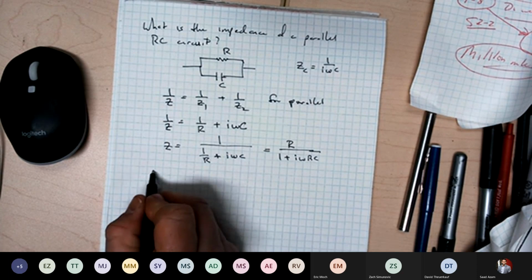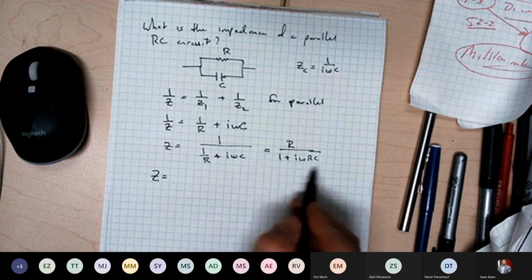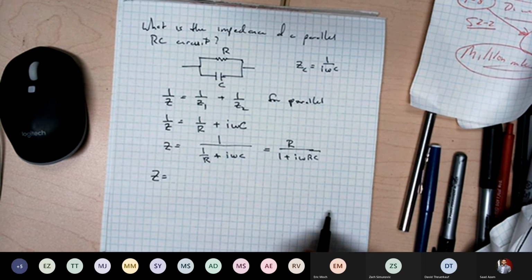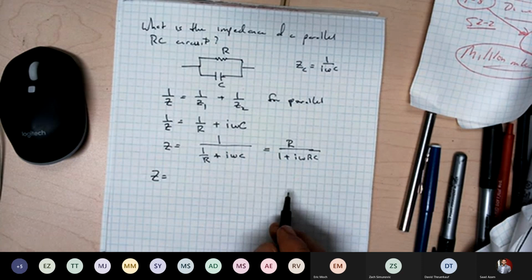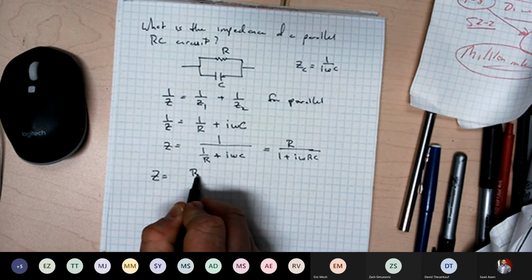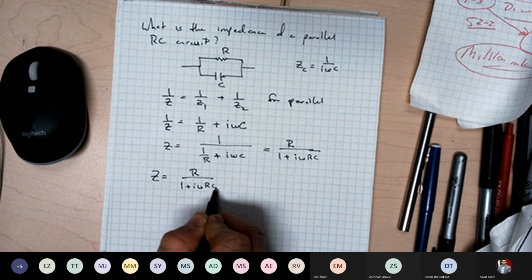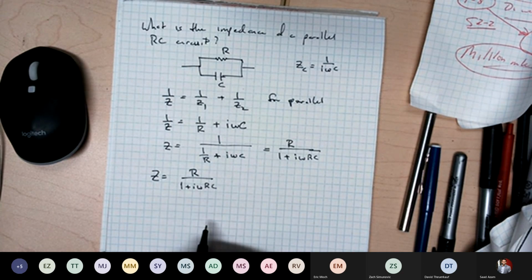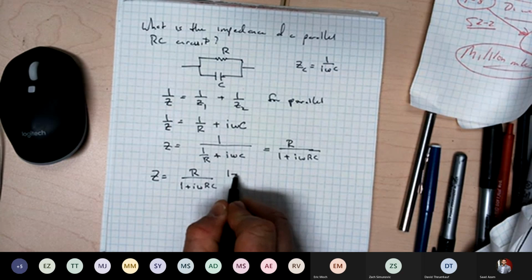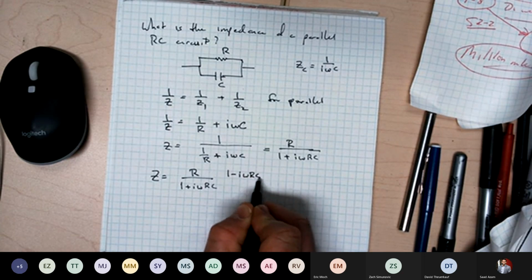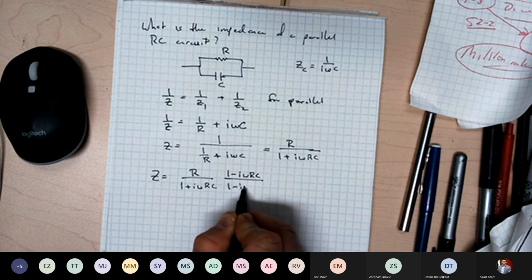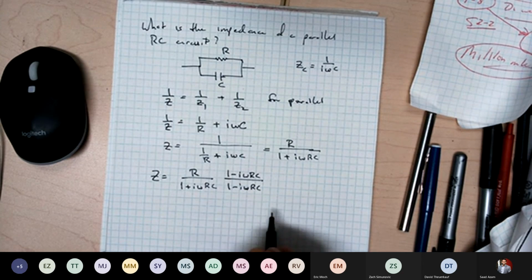And then, if you want to convert this to real and imaginary parts, you want to get the imaginary stuff out of the denominator. To do that, you multiply top and bottom by the complex conjugate of the denominator, which is 1 minus i omega RC over 1 minus i omega RC. So I've just multiplied by 1 here.